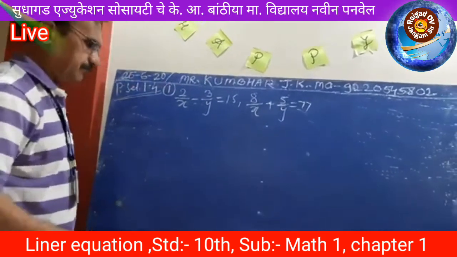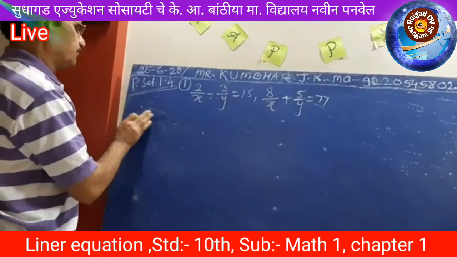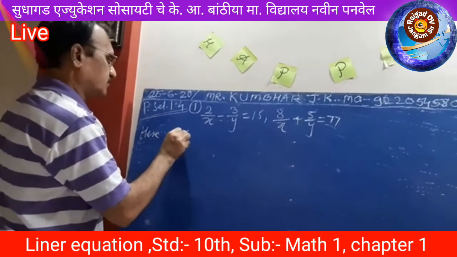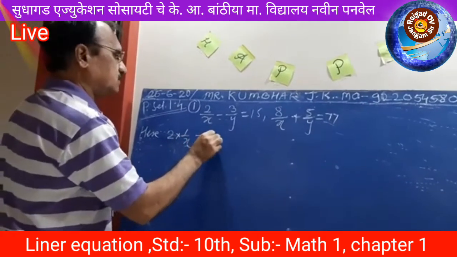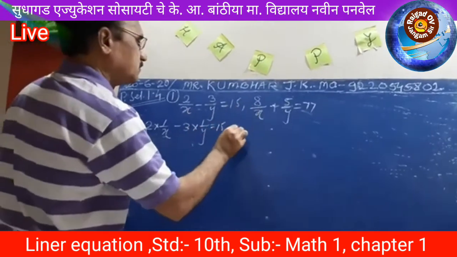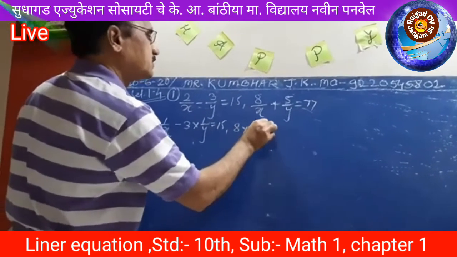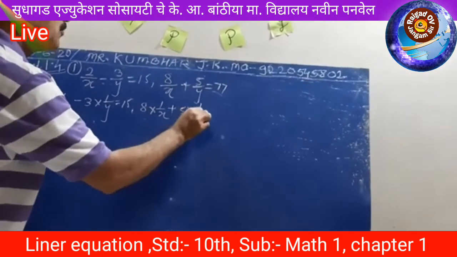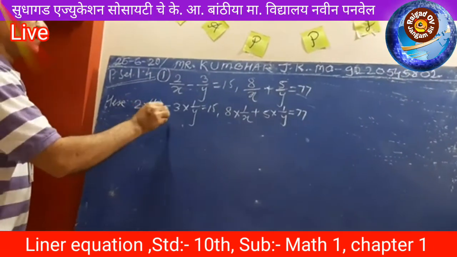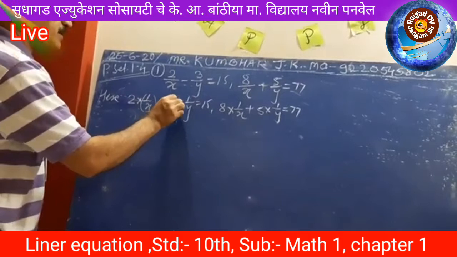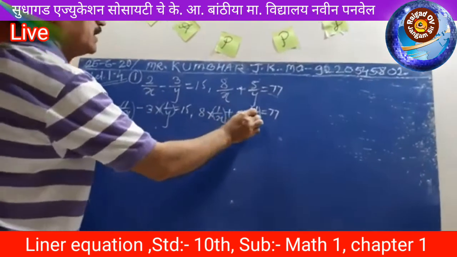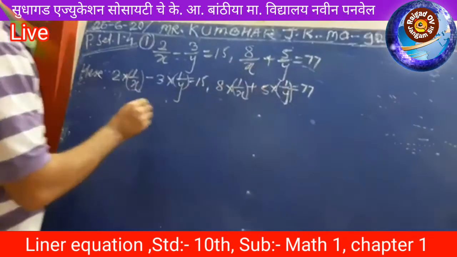Here we can write this equation as 2 into 1 upon x minus 3 into 1 upon y is equal to 15. This one, 8 into 1 upon x plus 5 into 1 upon y is equal to 77. Again replacing 1 upon x and 1 upon y by m and n.